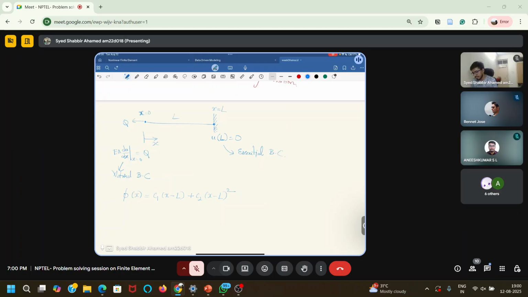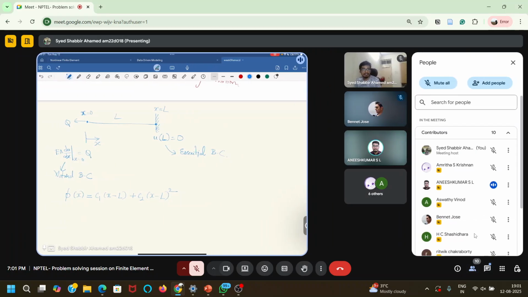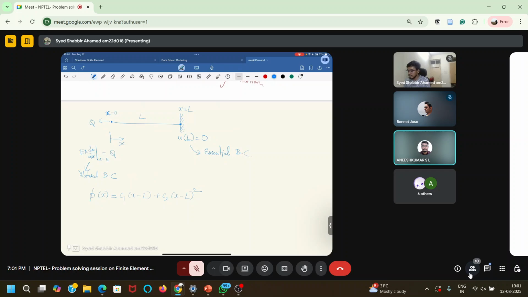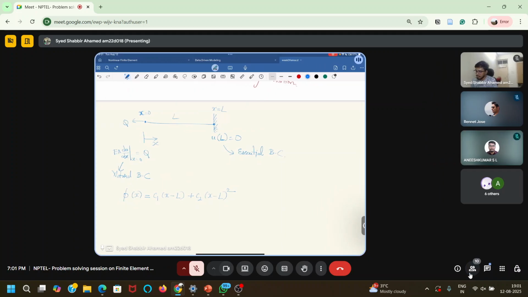Is this satisfying the essential boundary condition? Yes or no? Anyone would like to answer? Yes, it is satisfying, because if I substitute x equals L, I will get phi of 0 equals 0.